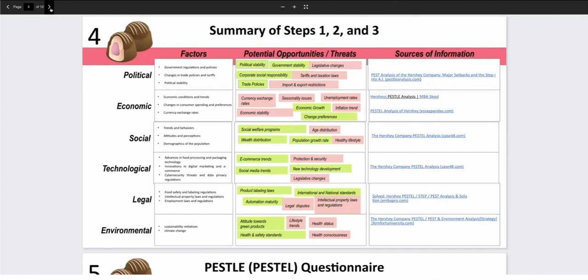Of course, these are URLs on the internet, and those URLs must be pointing to a source where you will be able to get to know more about the opportunities and threats related to the factors like trends and behaviors that you did choose when you were talking about the social branch in your PESTEL analysis.